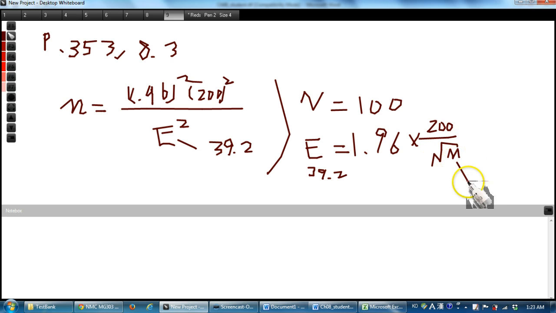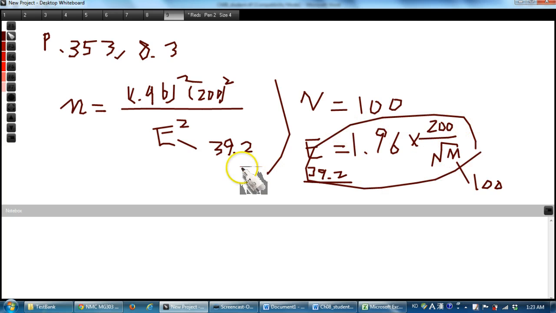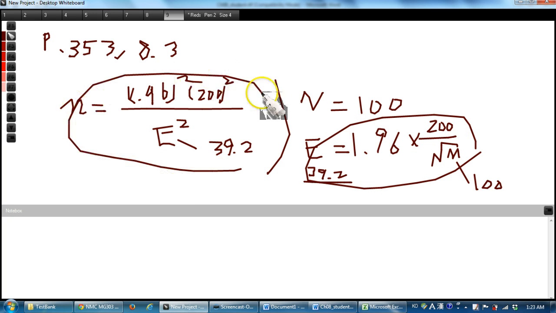The magic here is the answer, 100, whose root is 10, so 200 over 10 is 20, and 20 multiplied by 1.96 is 39.2. So either way you can use this equation, and I think it's the same, by the way.